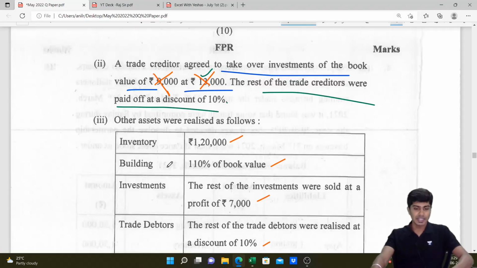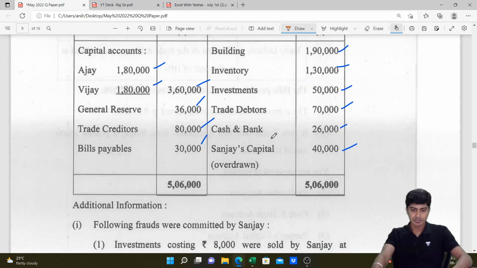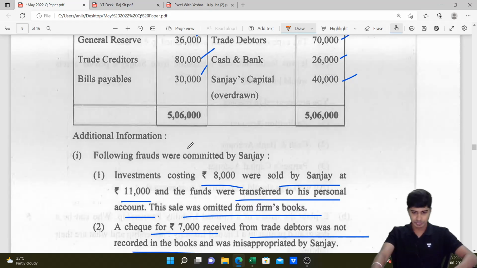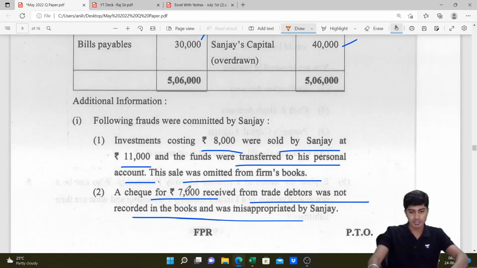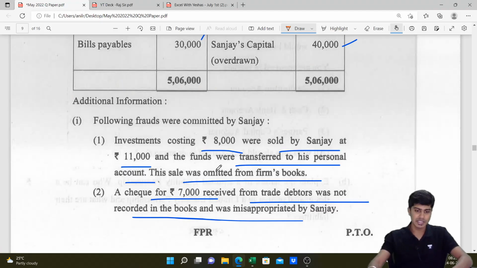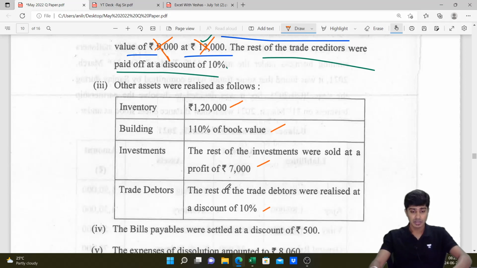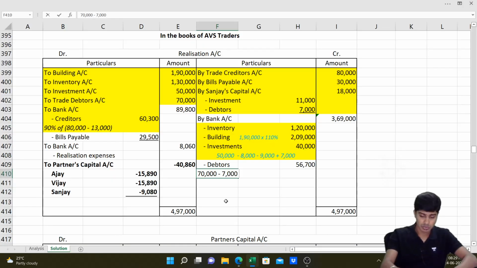So then debtors. Debtors is how much? Debtors was 70,000, of which check is received for 7,000. So we'll write here 70,000 minus check received of 7,000, and they're telling the balance debtors are settled at 10% discount. Okay, let's do minus 10%.